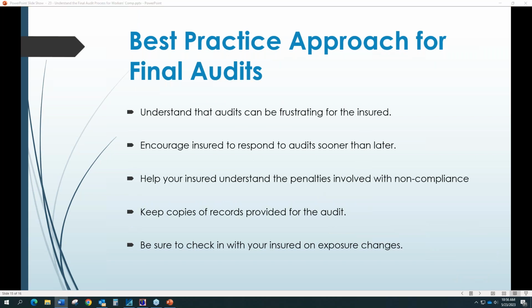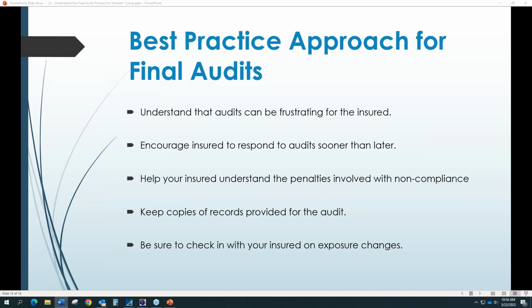And then some best practice approach for final audits. Obviously, audits can be really frustrating for the insured, but encouraging them to comply with the request sooner than later will help ease the process. Help your insured understand the penalties involved with noncompliance, whether that be a cancellation, a noncompliance charge, or an estimated audit.